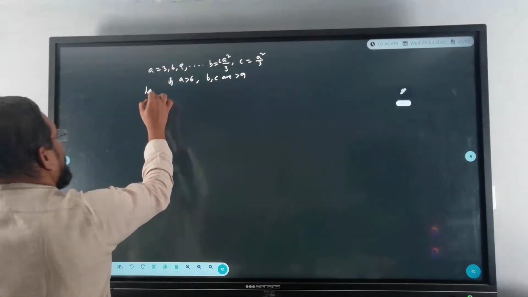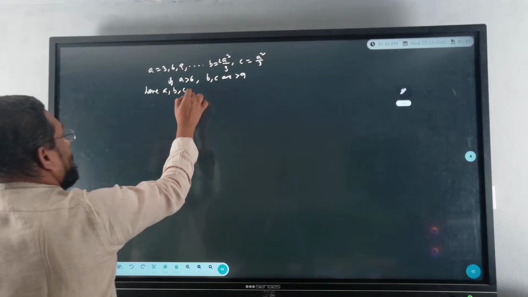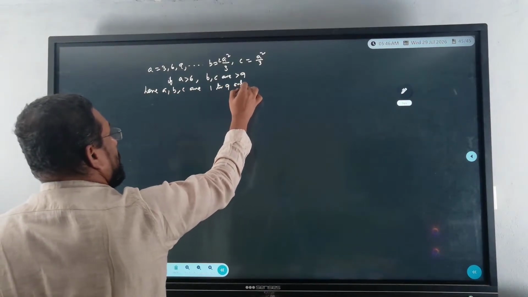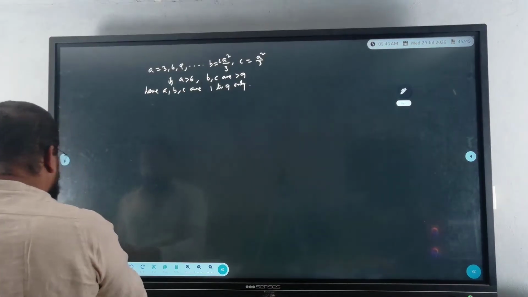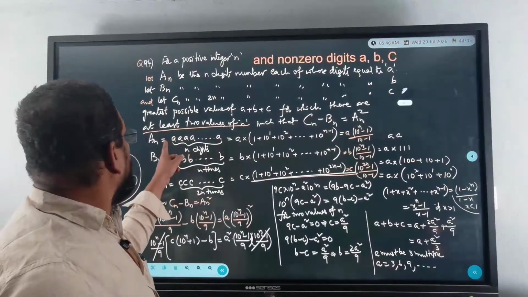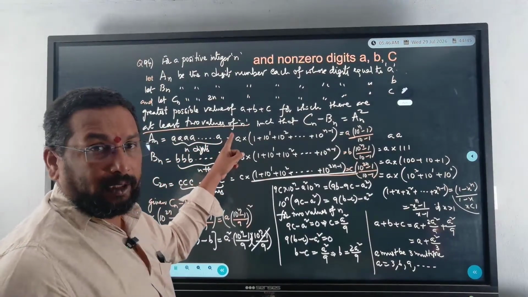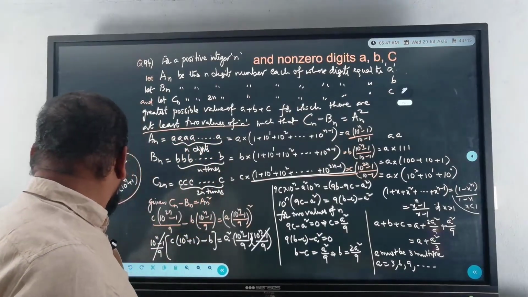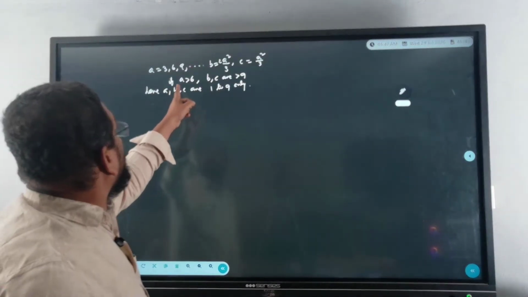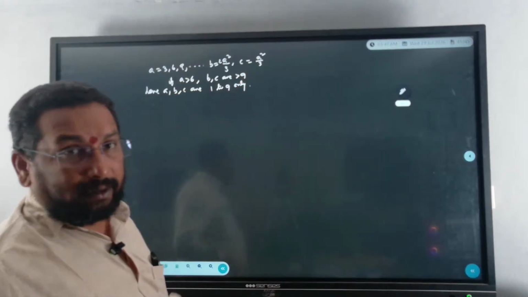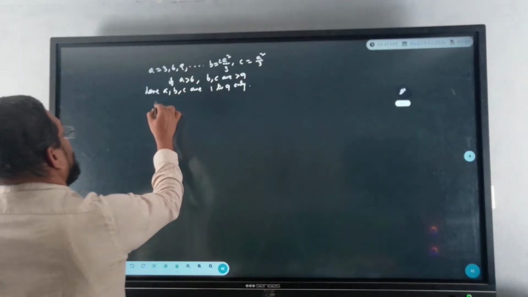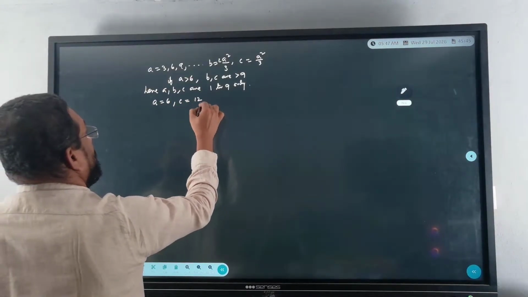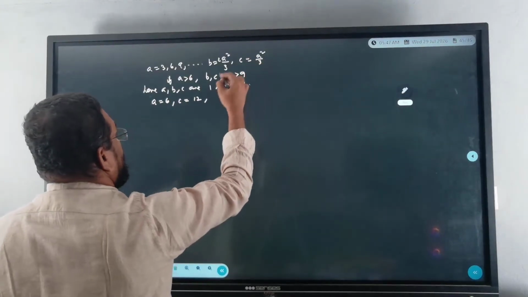Here a, b, c are digits from 1 to 9 only. So if you take a greater than 6, this is not possible. Suppose a is equal to 6, then what is c? a square by 3, 12.